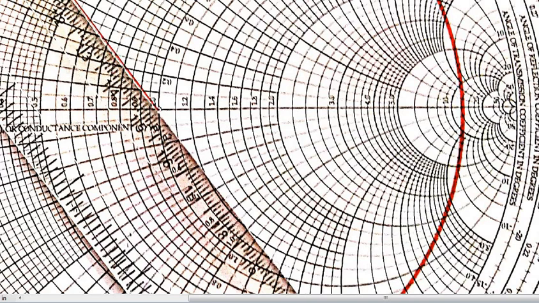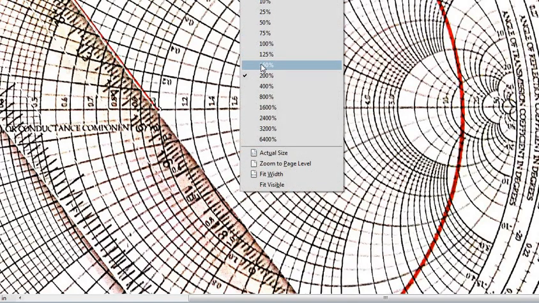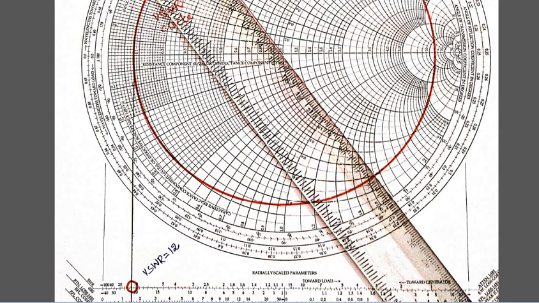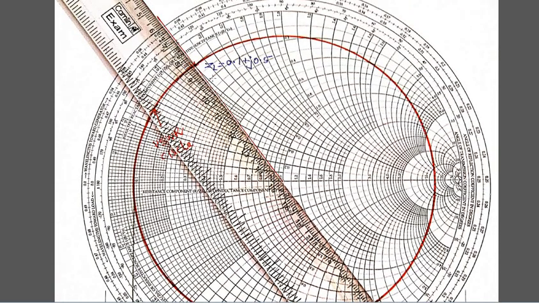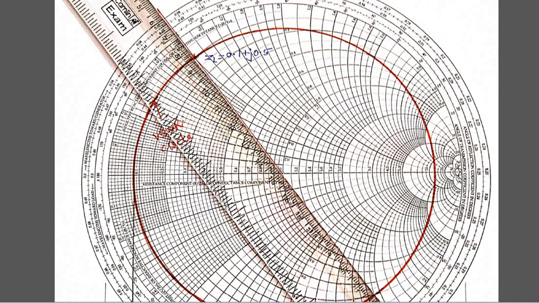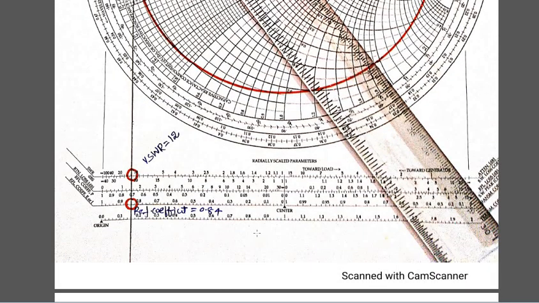Here we are interested in finding the angle of reflection coefficient at the input side. So we have to draw a line joining from the origin through ZL, which is going to cut that reflection coefficient angle. Just now we found the reflection coefficient equal to 0.84. Then we have to find the angle of reflection coefficient.